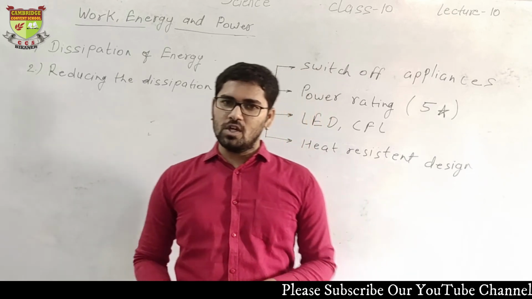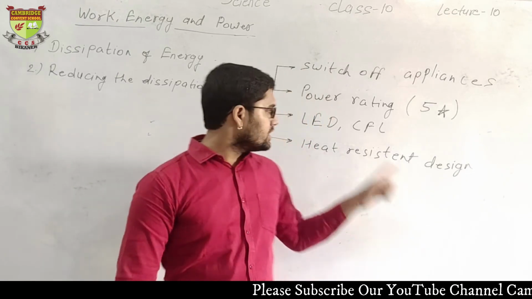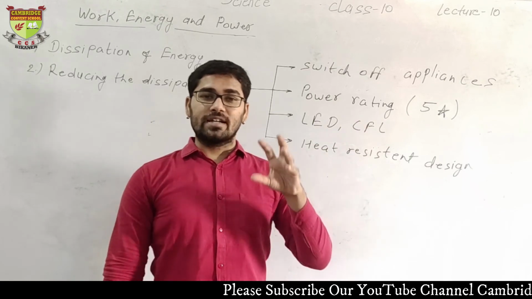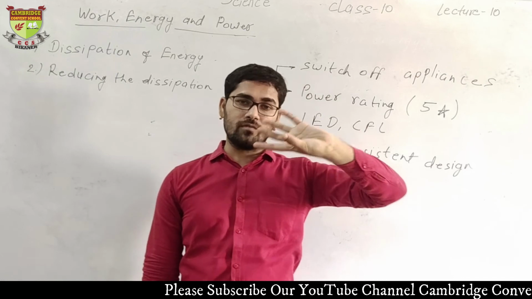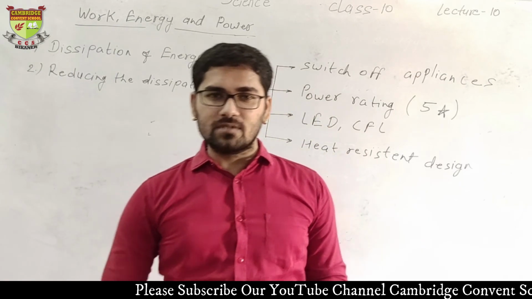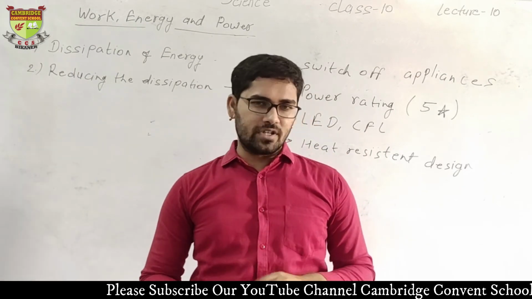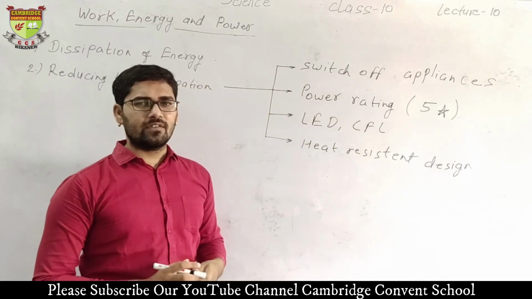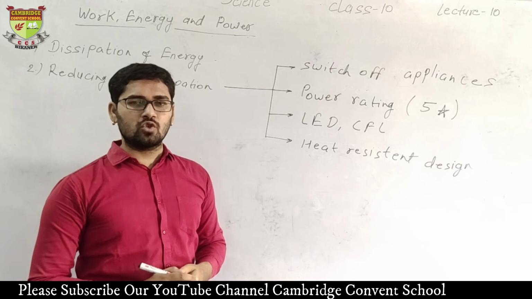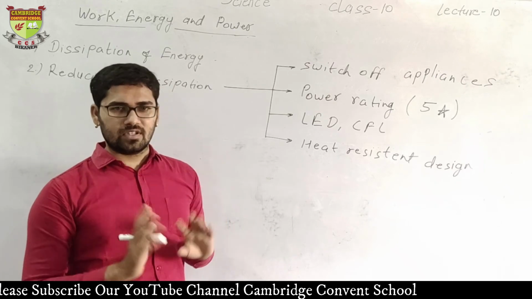So we must always use these LED and CFL bulbs rather than the very big bulbs we used in our houses many years back. LED and CFL bulbs are the alternative solution for reducing the dissipation of energy.